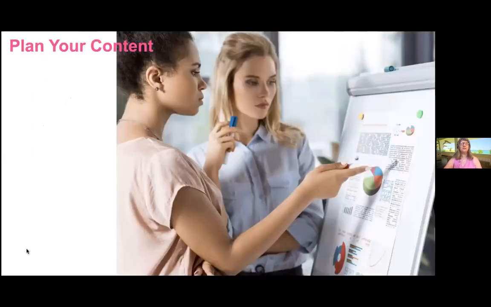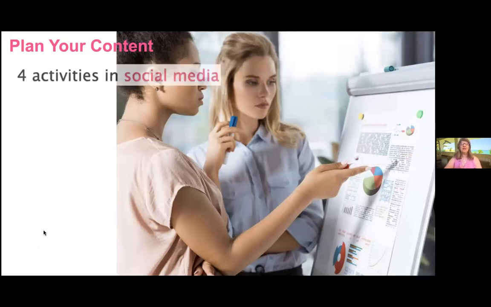Okay, so remember, we looked at this at day 1 from the perspective of there being 4 activities that you need to be aware of. And at that time, your task was to take a look at your social media to see where you are weak. Now if we take a look at this from a planning perspective, it's the same type of thing.